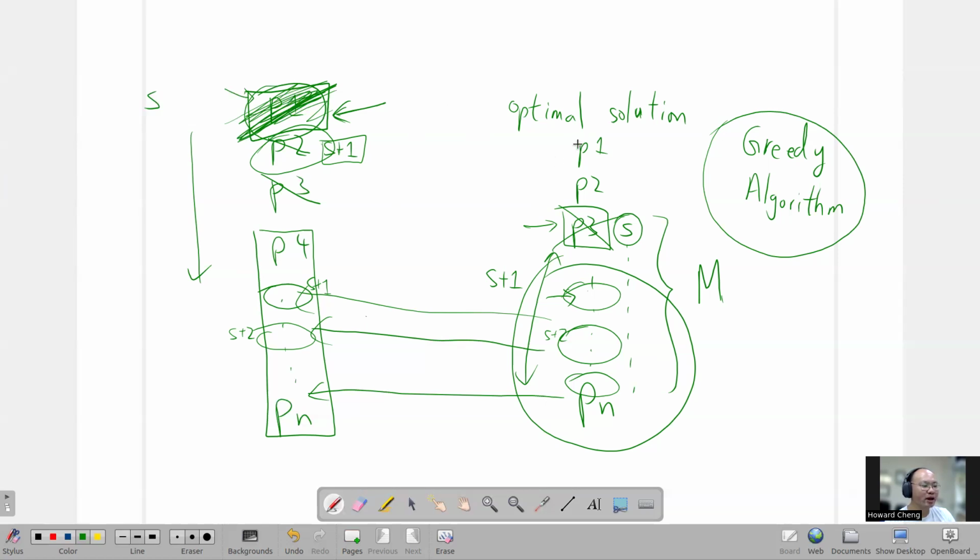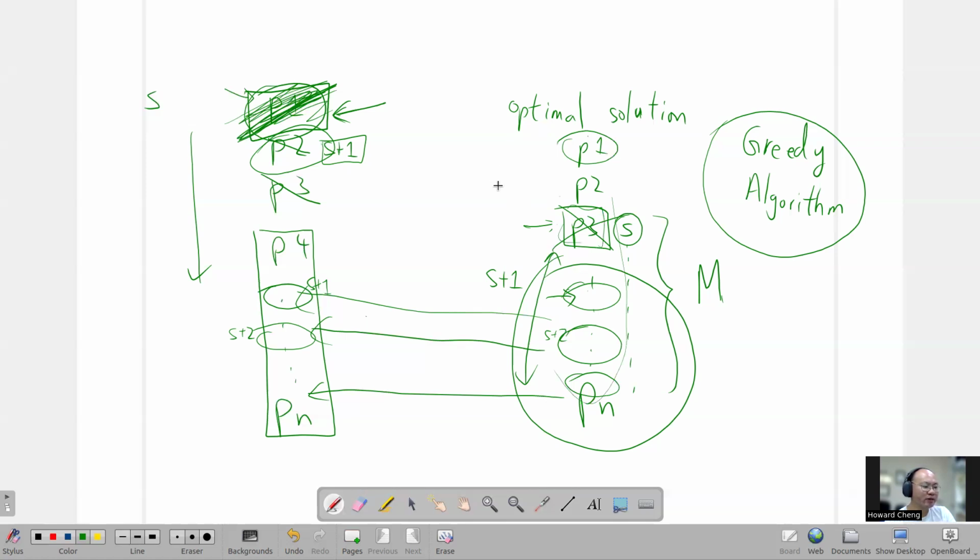So here, the optimal solution decides not to choose P1. Then you show that you can take that solution that doesn't choose the first problem you can do, and massage it to make it choose the first problem they can do. So choose the first one, but get rid of this one, and still maintain the optimality of the solution. If you can do that, then you can show that the greedy algorithm is no worse, and therefore good enough for the optimal solution.